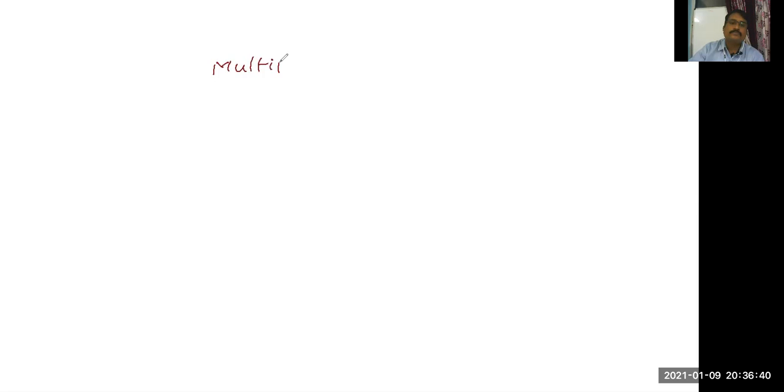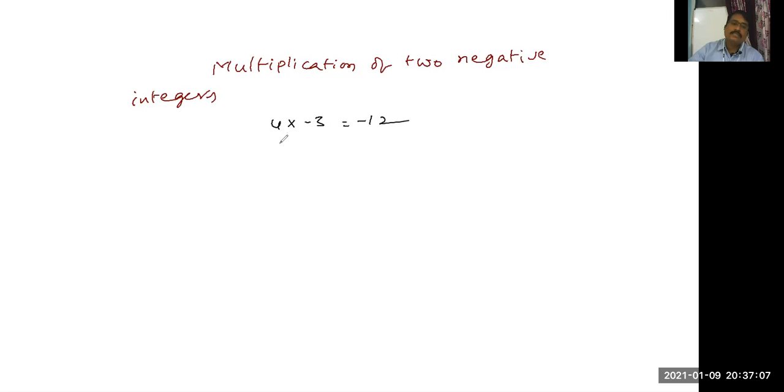Multiplication of two negative integers. Observe the pattern. 4 into minus 3 is equal to minus 12, as we know. 3 into minus 3: a positive integer into a negative integer, or a negative integer into a positive integer, always has a negative product.